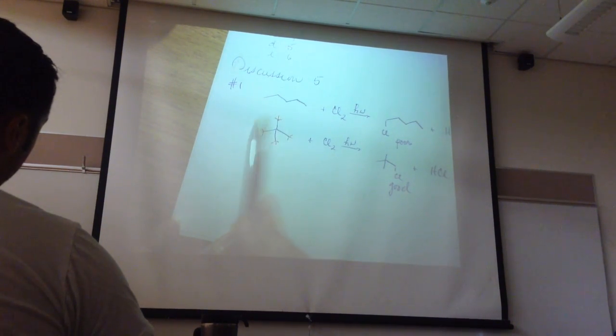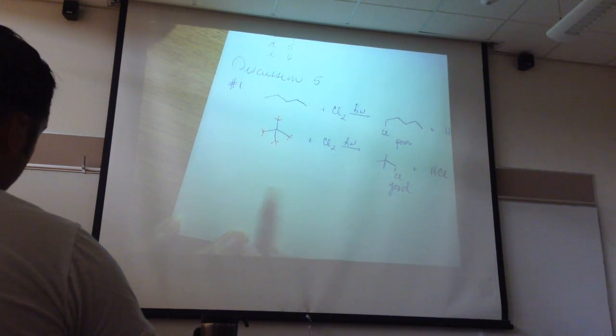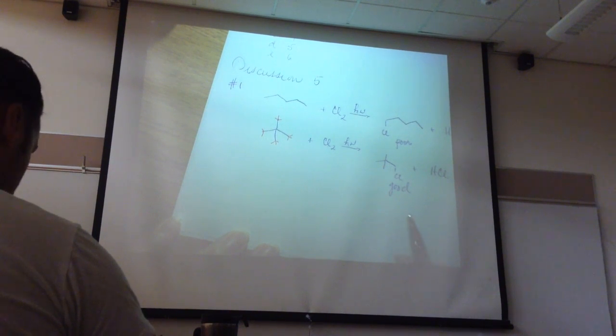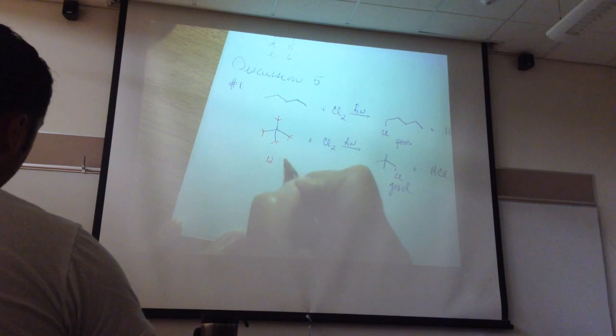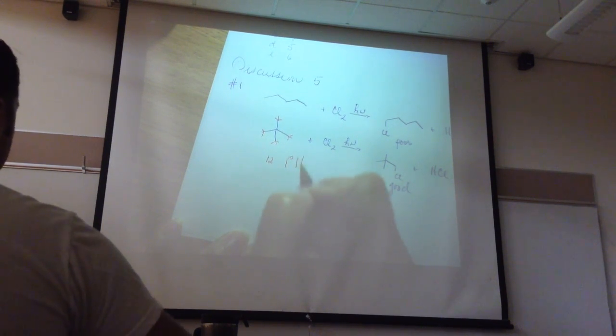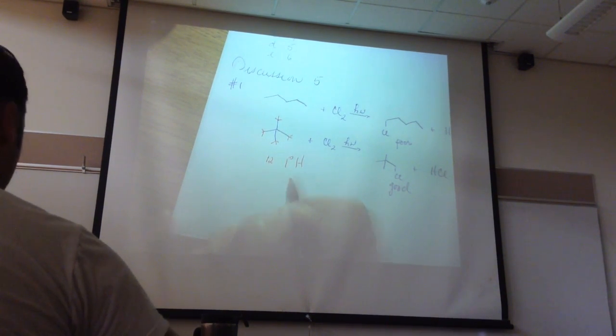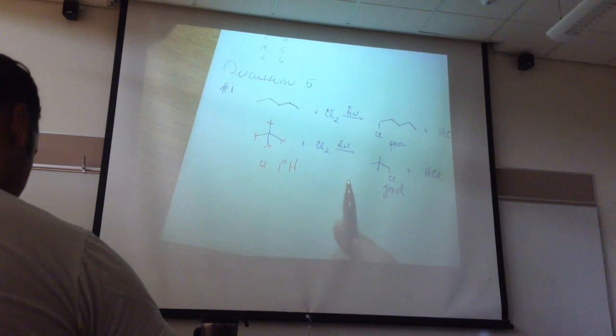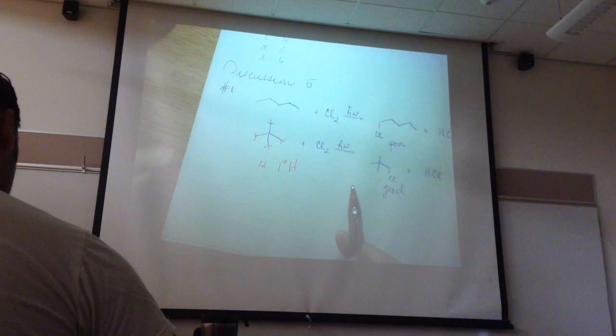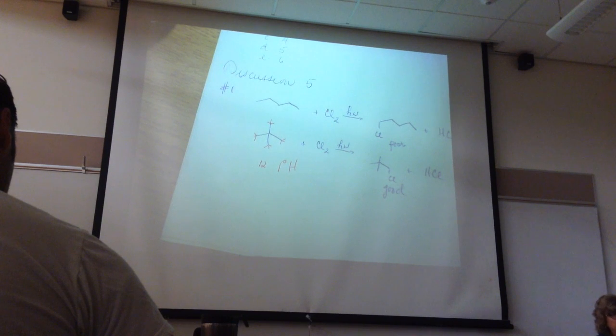There are 12 hydrogens that are called primary hydrogens, so the carbons are primary. We already talked about how a primary intermediate is very unstable, but we have no other choice than to create a primary radical here.